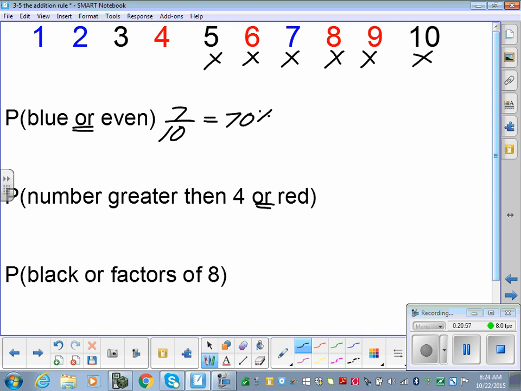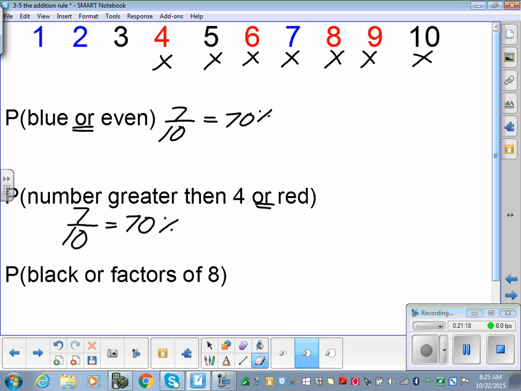Those are all numbers greater than 4. Now you also get to come if you're a red. So any others that we need to cross out? 4. Okay, and then those reds were already accounted for. How many out of 10? 7 out of 10 got to come. So that's 70%.